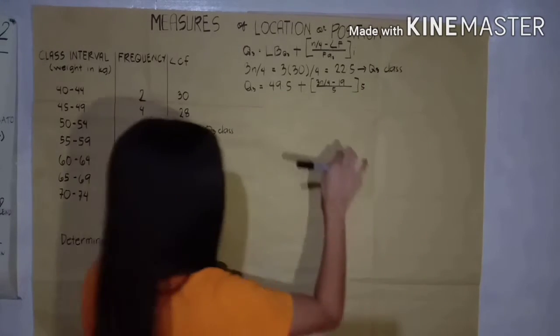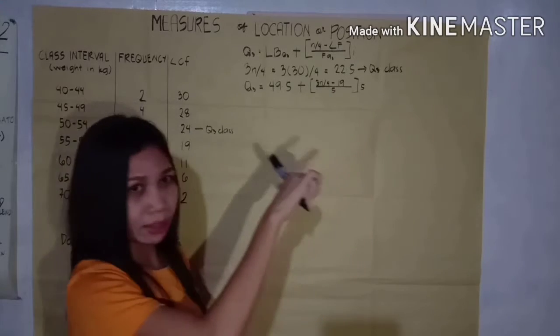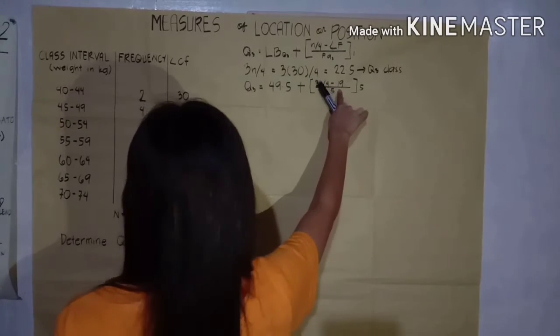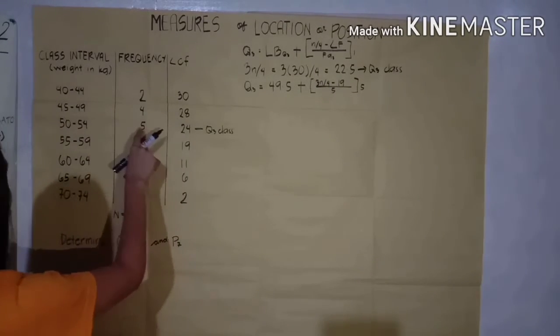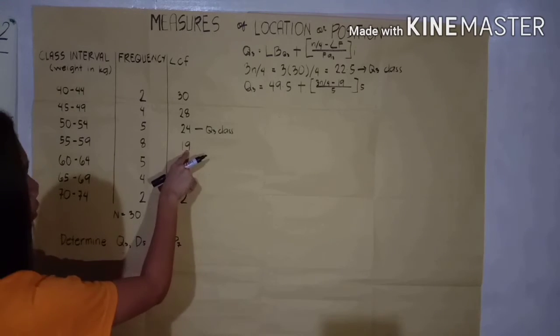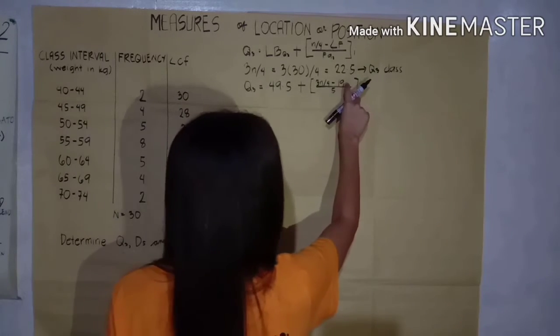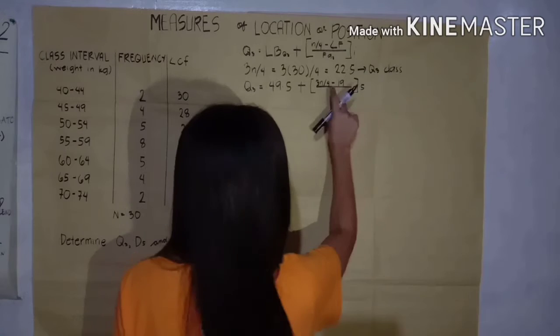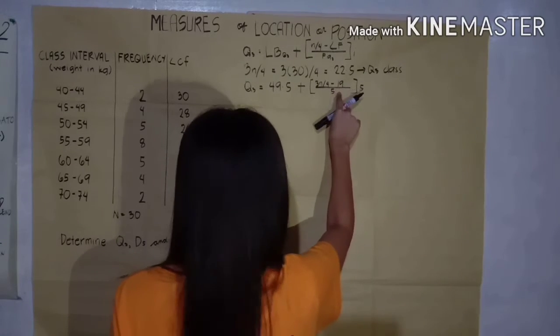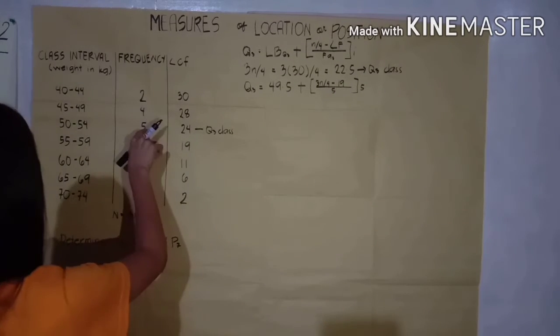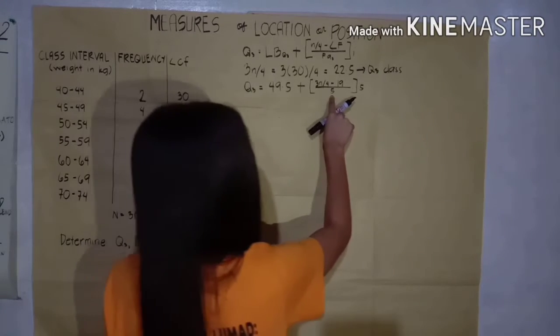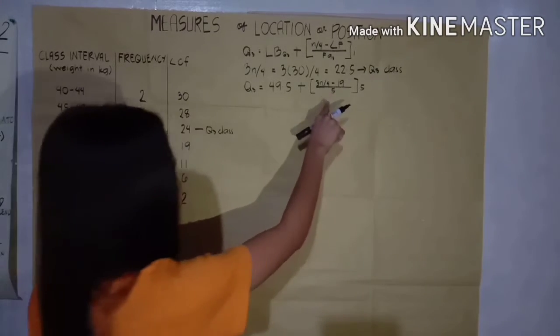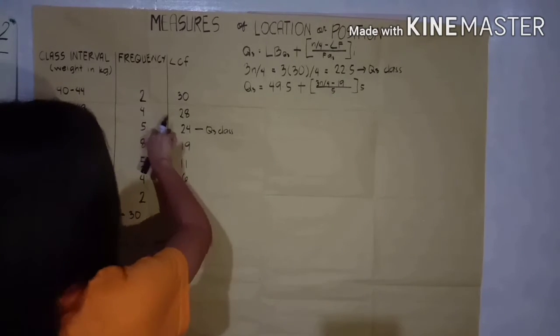So why did it come up to 19? It is 19 because 24 minus 5 is equal to 19. So this is what we put here. Then divided by 5. So why 5? Because the frequency of the Q3 class interval is 5.